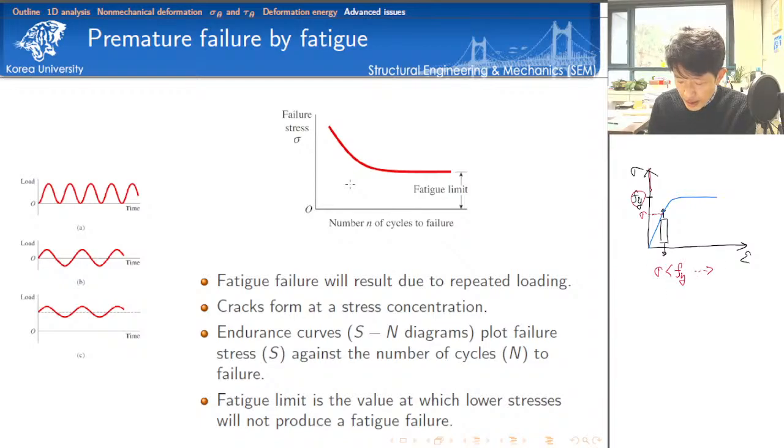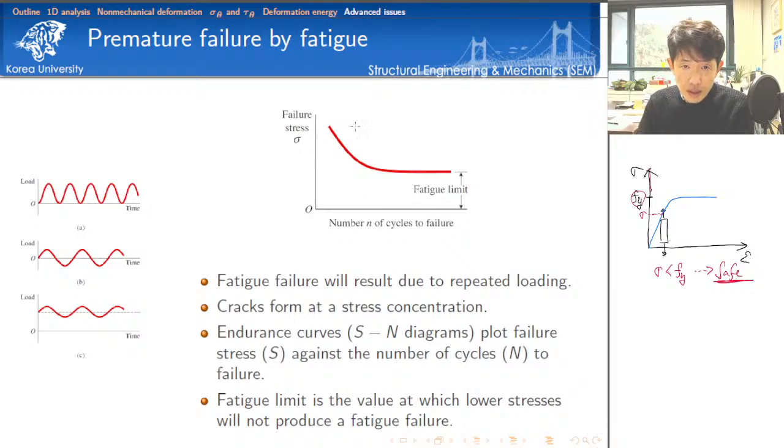So in our static analysis, we say that this is a safe condition. But at this point, everybody knows that if you apply the loading repeatedly, it's going to lead to structural failure, and that behavior is called fatigue. This is fatigue loading.